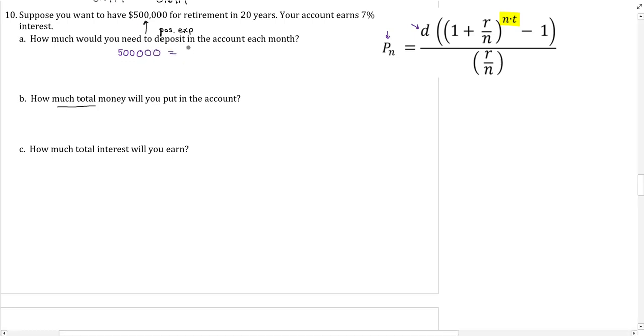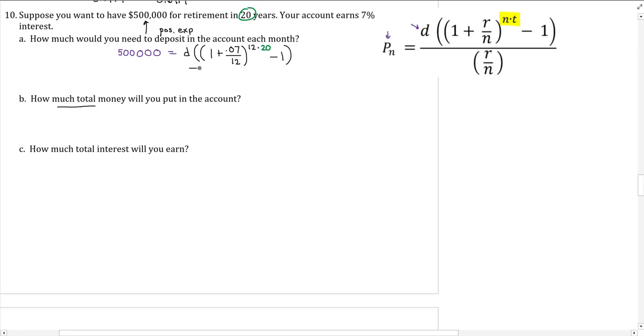I want to find D. And I've got 1 plus my rate of 7%. And again, I'm putting it in every month. Typically it is 12 for N. The power is going to be 12 times t. How many years? That's my 20 years.